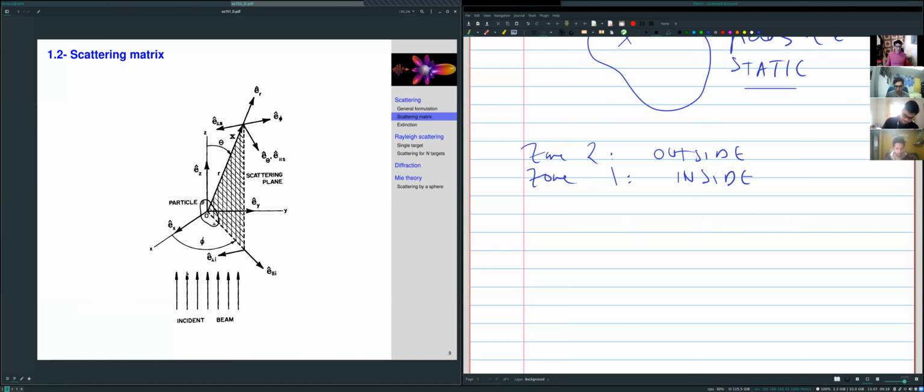Now we'll try to work out these scattered fields. And it turns out that the problem is quite complex.